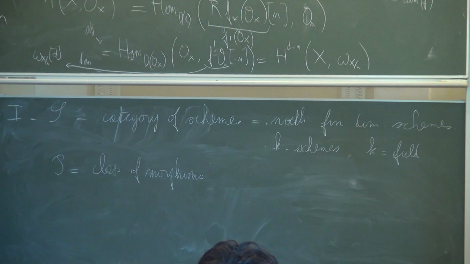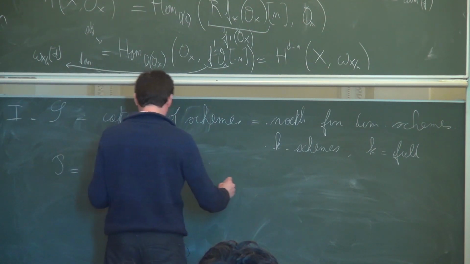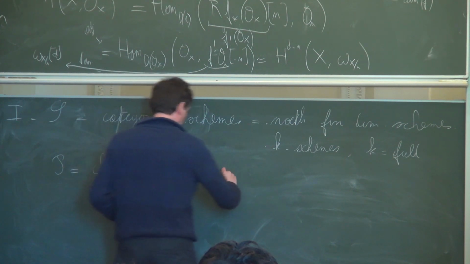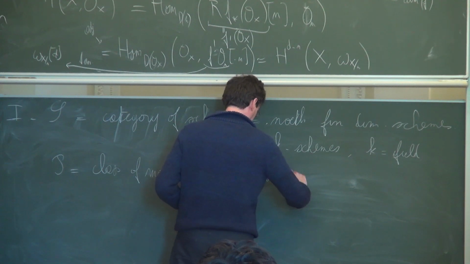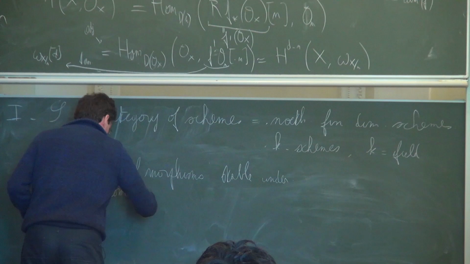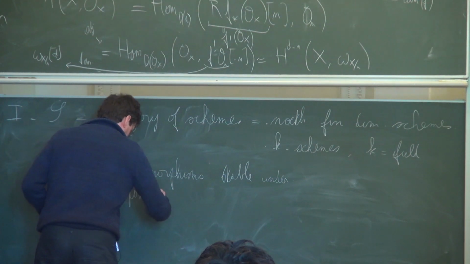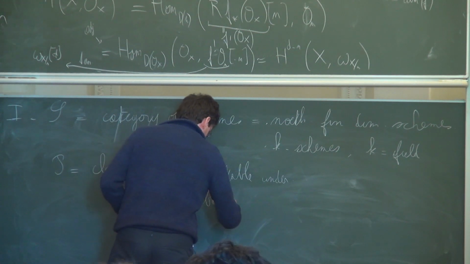The axiom for this class of morphisms is that they are stable under some operations: essentially composition, of course, and most of all base change.